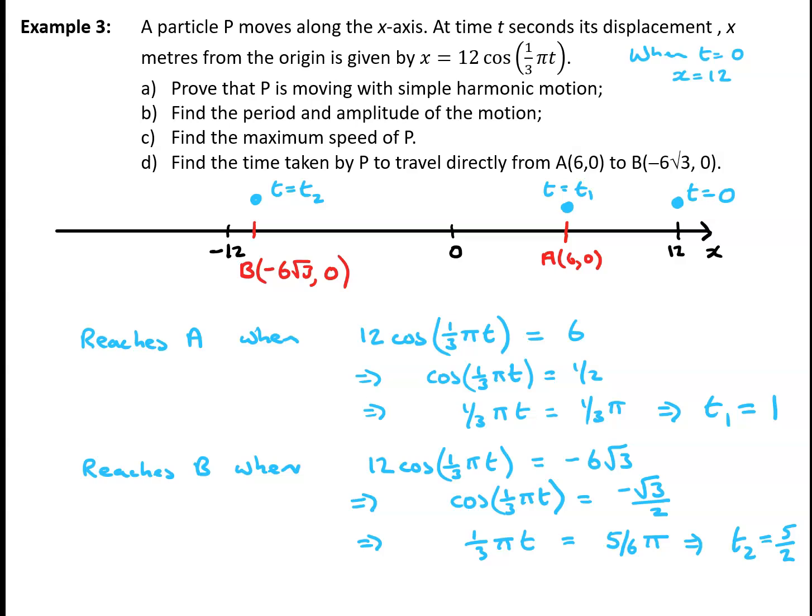In other words, when we've got t equals 2.5 seconds. So it reaches A for the first time after 1 second. It reaches B for the first time after 2.5 seconds. So the time taken to travel from A to B is 5/2 take away 1, which is 1.5 seconds.